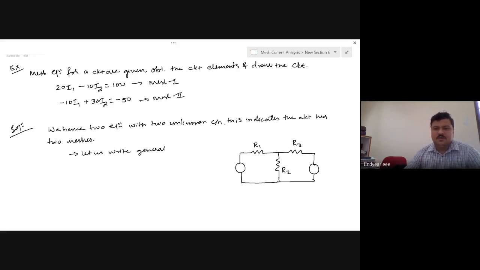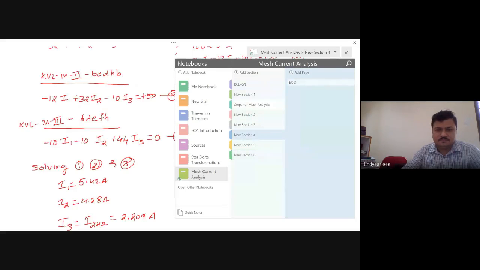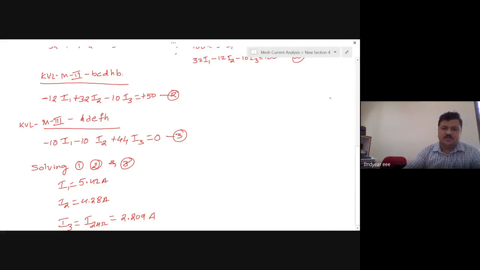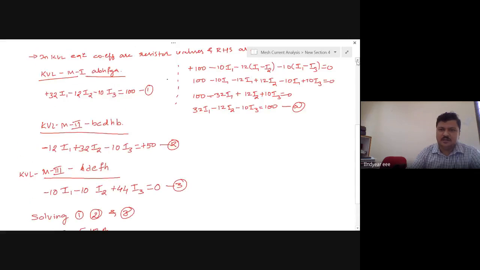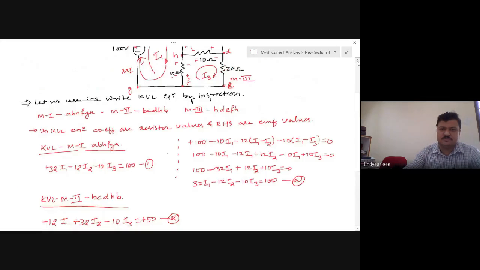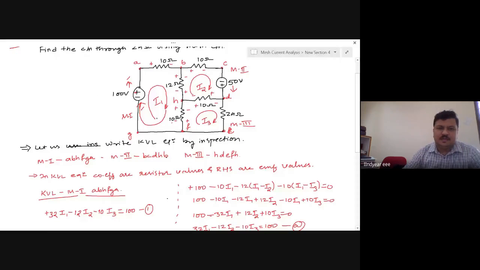When we looked into the previous example, we wrote the equations using the inspection method directly. How did we write the equation using the inspection method? If I am in mesh 1, the coefficient of I1 will be the sum of all the resistors.